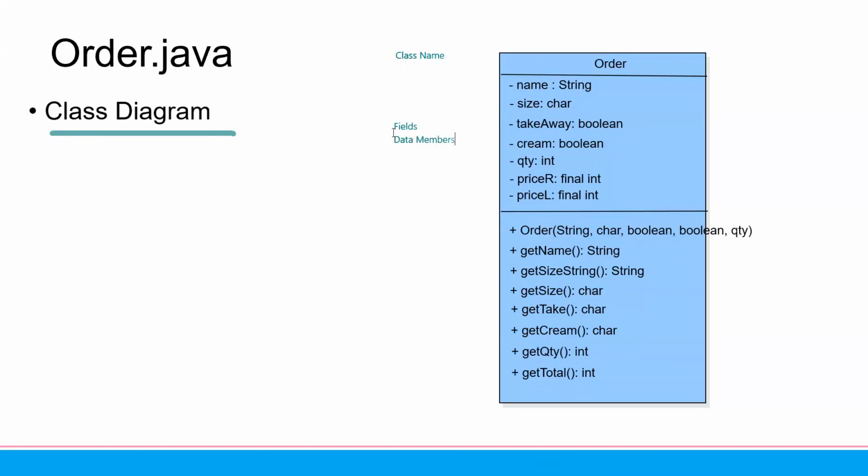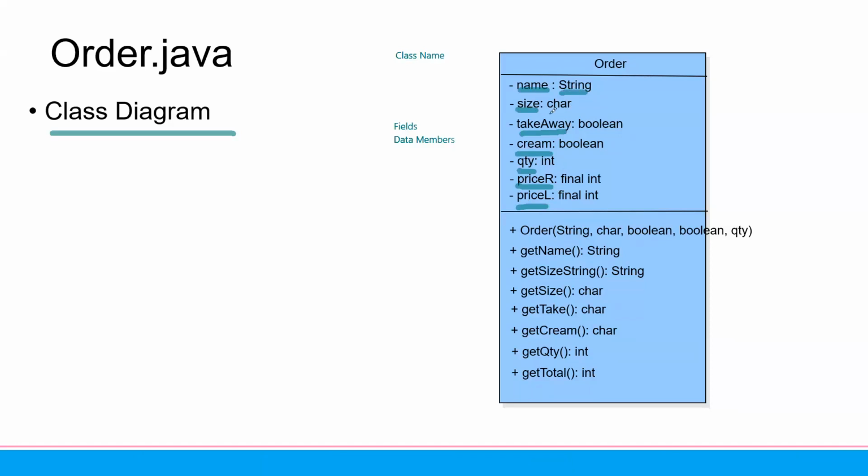In the data members, we include all the data like name, size, and then we have takeaway, we have cream, we have quantity, we have price regular, we have price large. And we define the data type for each of these.